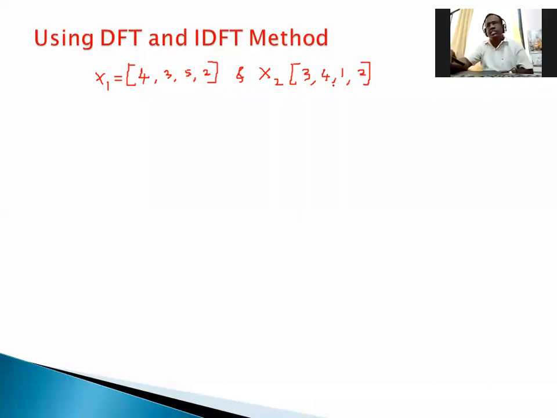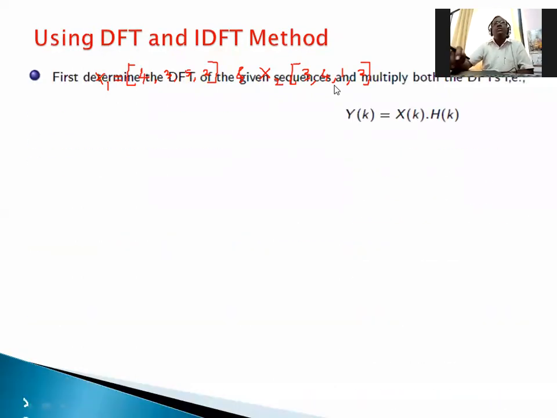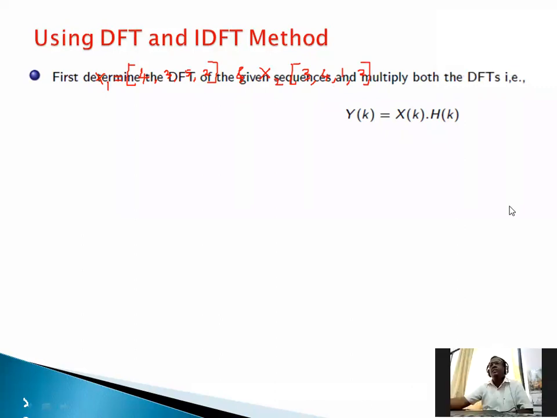So for this, as we need to find a circular convolution using DFT and IDFT, first let us write down the steps. First, determine the DFT of the given sequences and multiply both the DFTs.